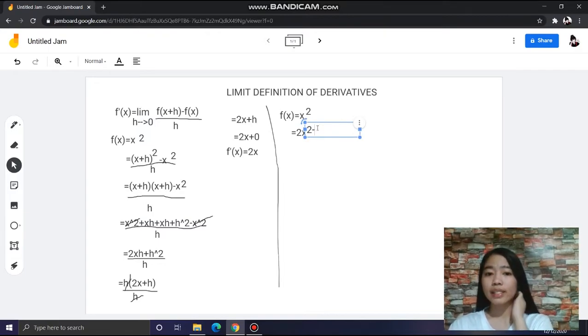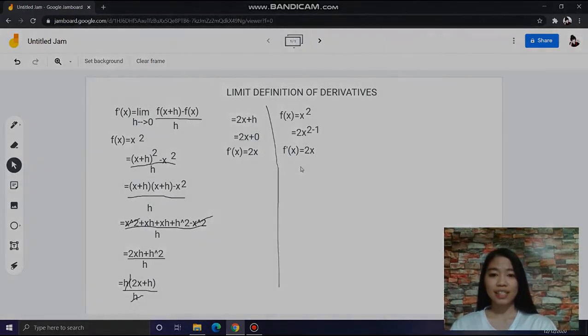So it will become 2x to the power of 2 minus 1. So the derivative of the function x squared will now become 2x, same as the previous result. It's easy, right? So that's it. Thank you.